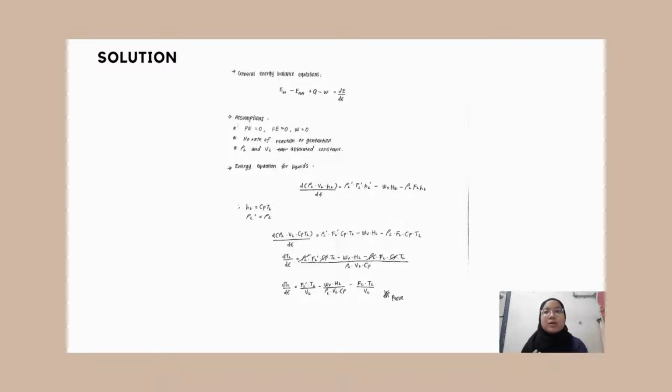Okay, so next we divide the above equation by rho L, VL, and CP, which equals dTL over dt equals FL prime TL over VL minus WV HL over rho L VL CP, and minus FL TL over VL, which can be proven.